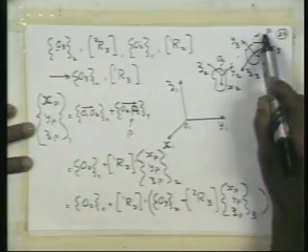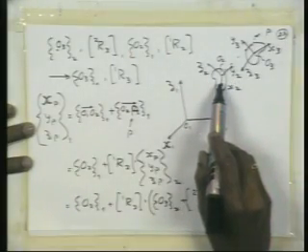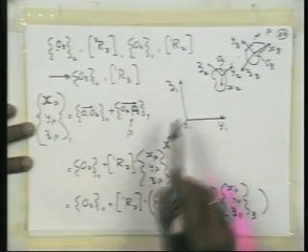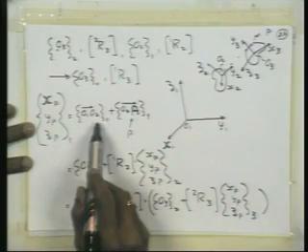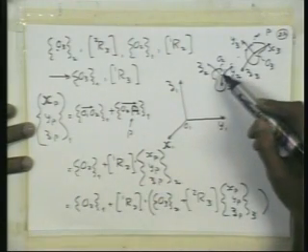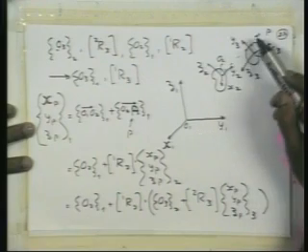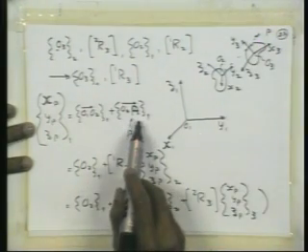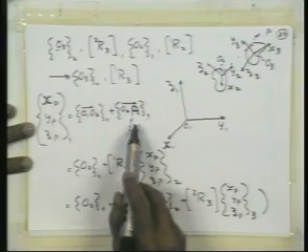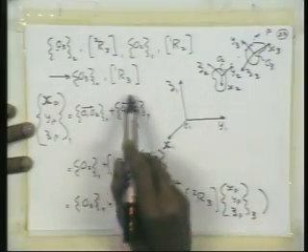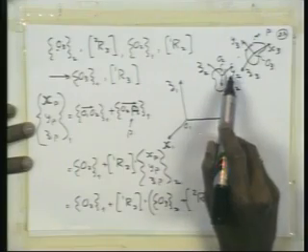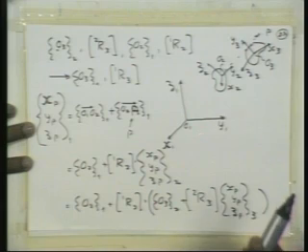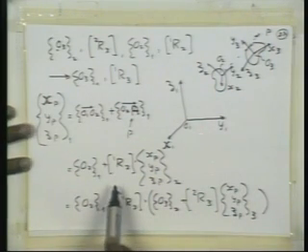We described P with respect to the second rigid body and expressed it in the first rigid body. So the position of the origin of the second rigid body with respect to the first, that is this vector, and the vector from O2, the origin of the second rigid body, to the point P, which is on the third rigid body, that is this vector. Fine. And this particular vector is something we can express in terms of its local coordinates and the position of O3 with respect to O2. So that is what we had done here.